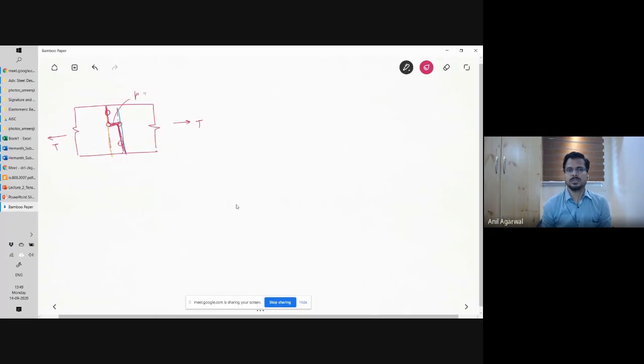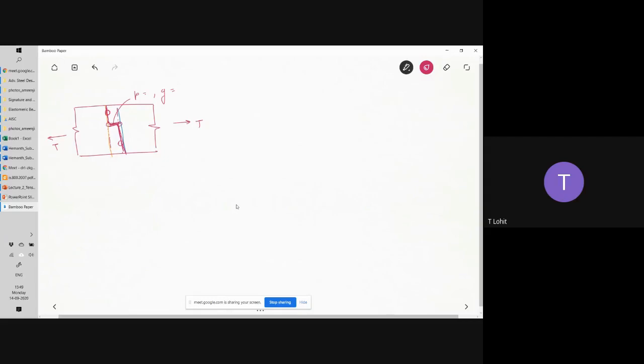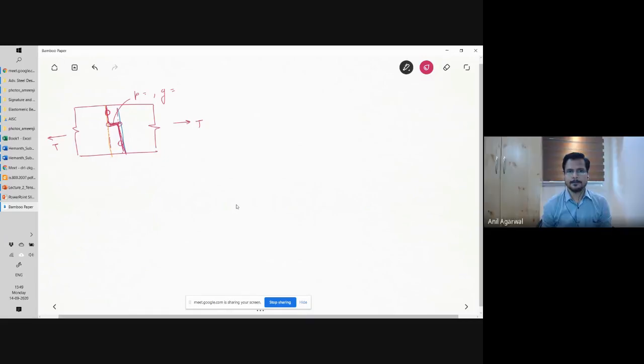Now, if that is the case, what is the p-value for this segment? P-value is given, easy. This is the length. What is the g value for this segment? G is in the direction perpendicular to the load.